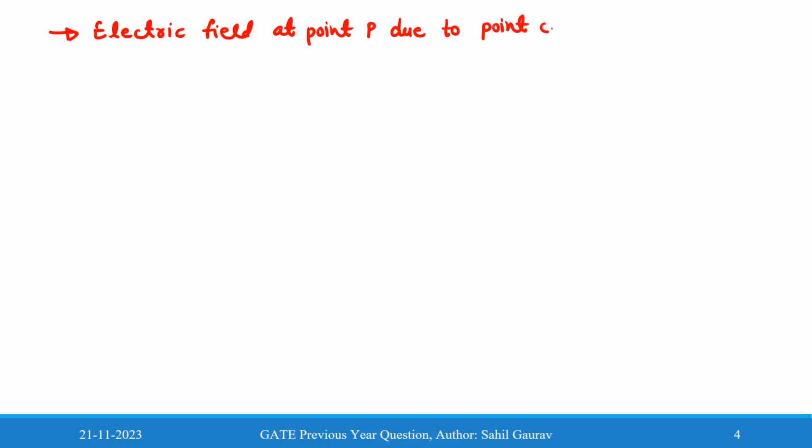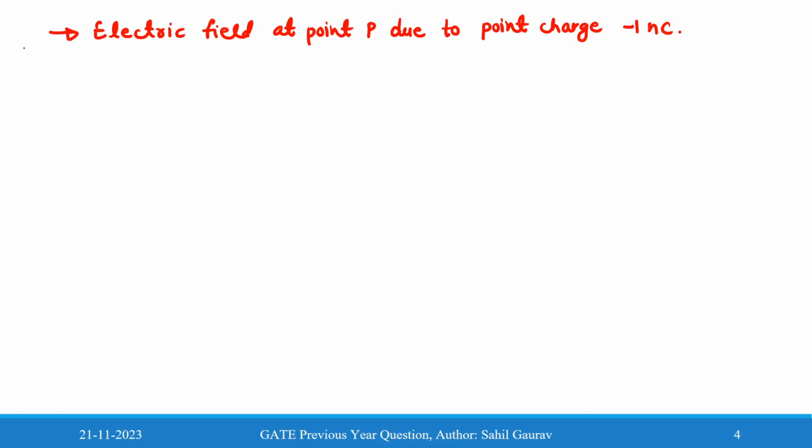Now we are going to find the electric field at point P due to point charge minus 1 nanocoulomb.